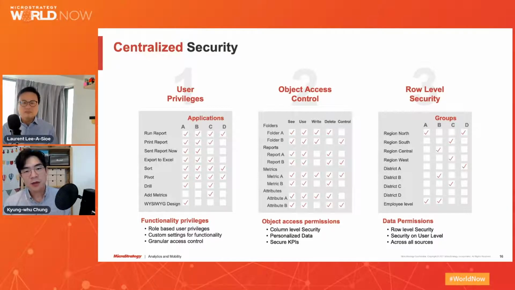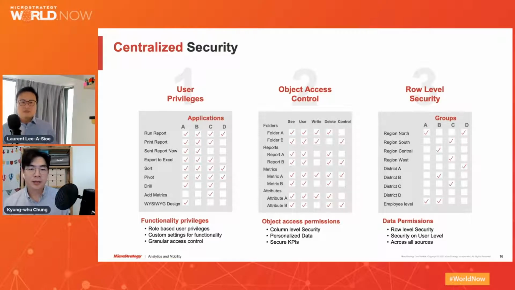The second thing, the object access control, is very interesting. Typically, yes, we have access control at the report, dashboard or dossier level, but we also store everything as objects, including calculations, filters, attributes, and so on. So we can apply this as column level security.